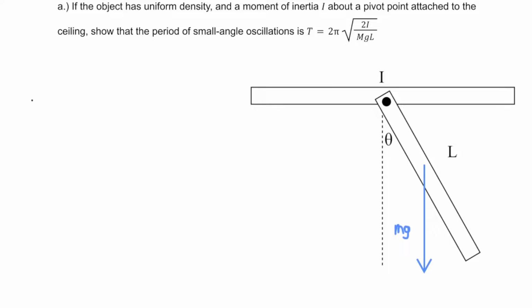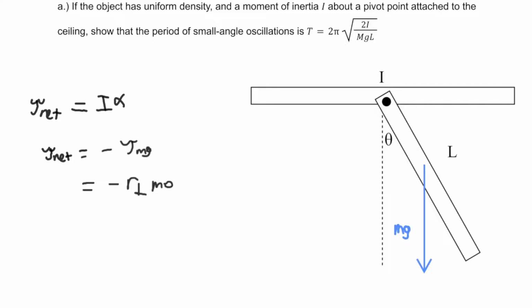So we're going to set up a net torque equals I alpha equation. And this one, it's just going to be the torque caused by mg as the net force. And it's going to be in the negative direction because it's a restoring torque. We're going to do the same thing where we just take r perpendicular times mg, so we're just finding the lever arm here.